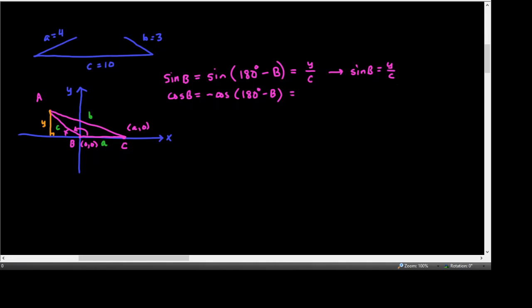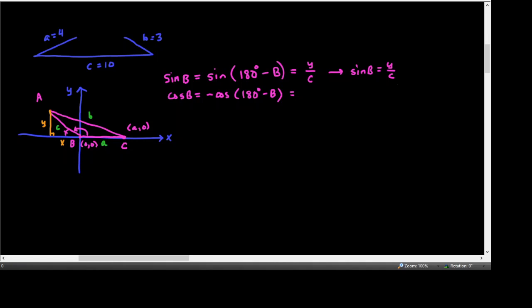Yeah, that's correct. It's not working out in my head for some reason, so I've got to be careful here. Oh, yes, okay. So down here is an x, and that x happens to be negative because it's to the left of the y-axis.